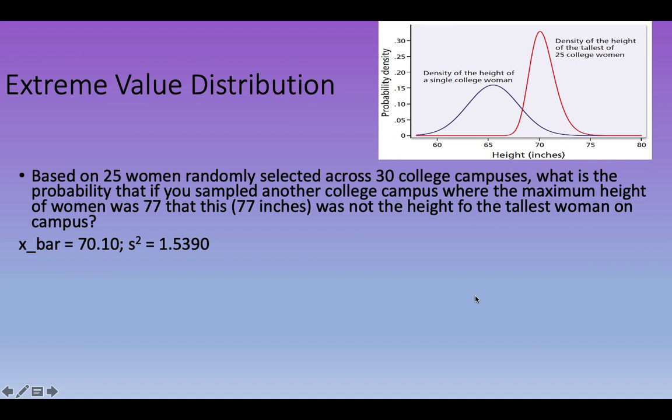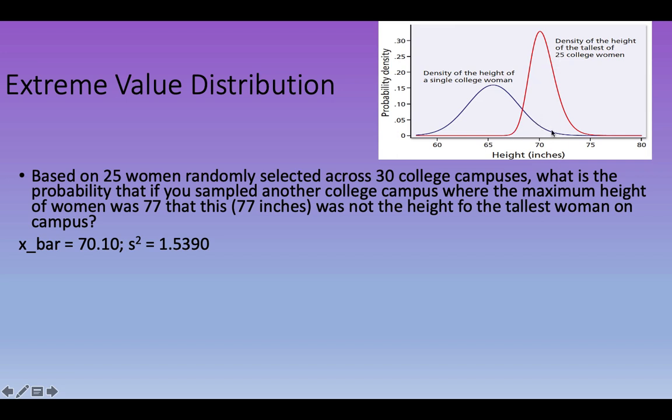So if we think about a specific case, again, the tallest women of a population of women on a college campus, what we're looking at in this extreme value distribution is the distribution of the maximum height if I choose a group of 25 women at random. What's the maximum height of that group?